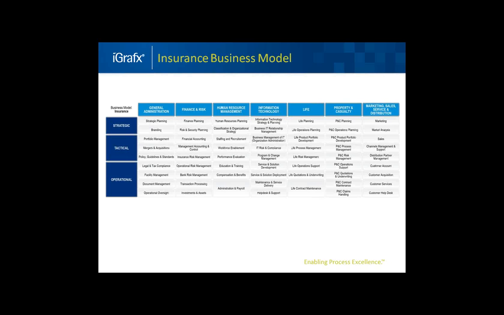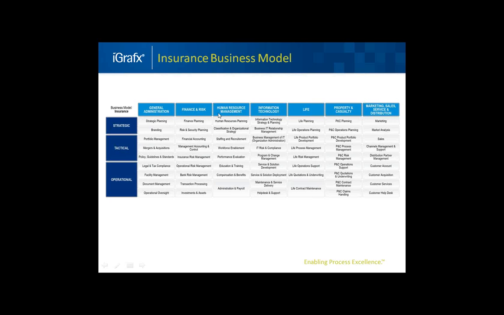So let's have now a look into the business model of insurance. We have a scenario we would like to discuss. So obviously we promised that we would like to look at the business model of insurance. Here is an example. For those who have not seen some of the other web sessions, let me very shortly describe the basic principle. You see on the top the business areas.